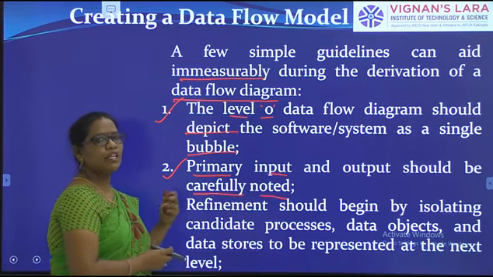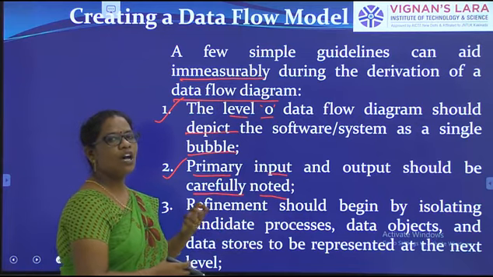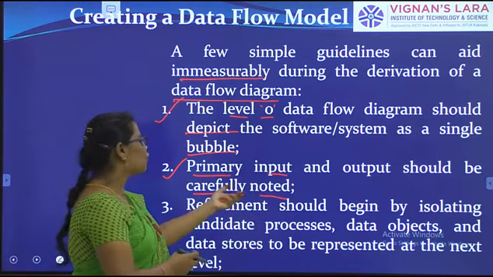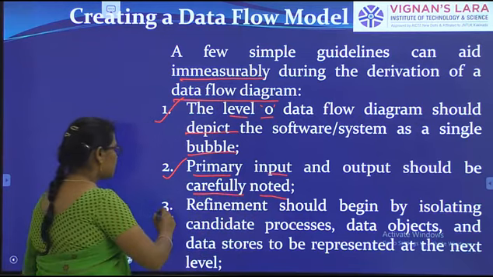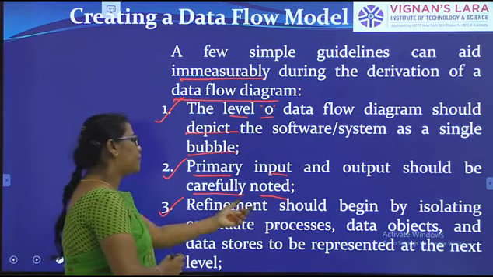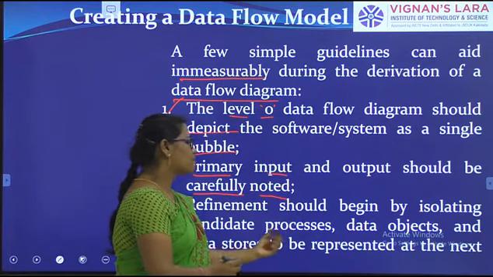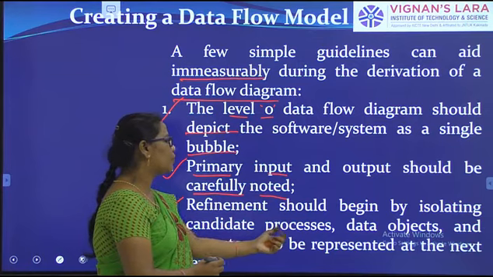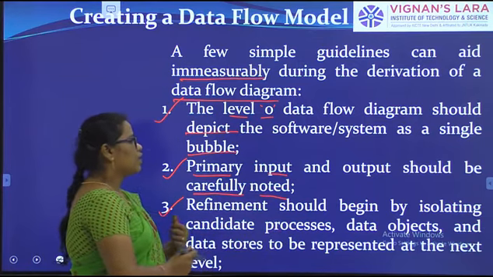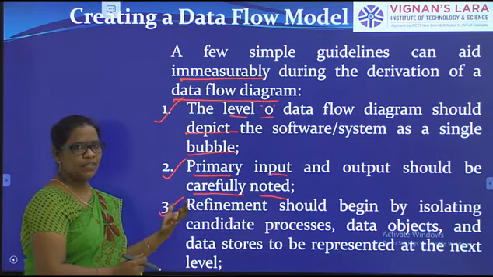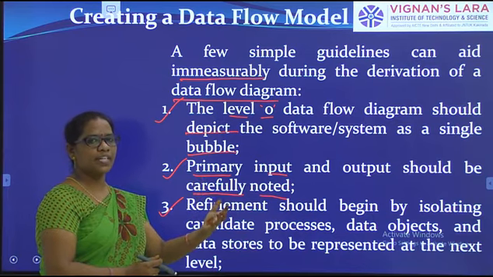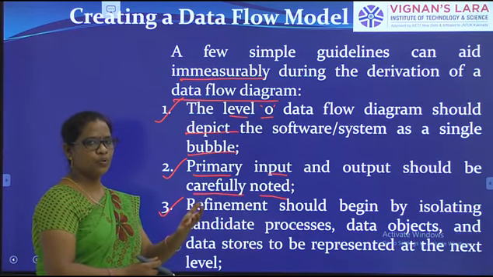What is the primary input we are giving, and what is the output we are getting? We have to note that. The third point: refinement should begin by isolating candidate processes, data objects, and data stores to be represented at the next level. When the sensor is sensing something, what type of output will come, and where does it have to go?